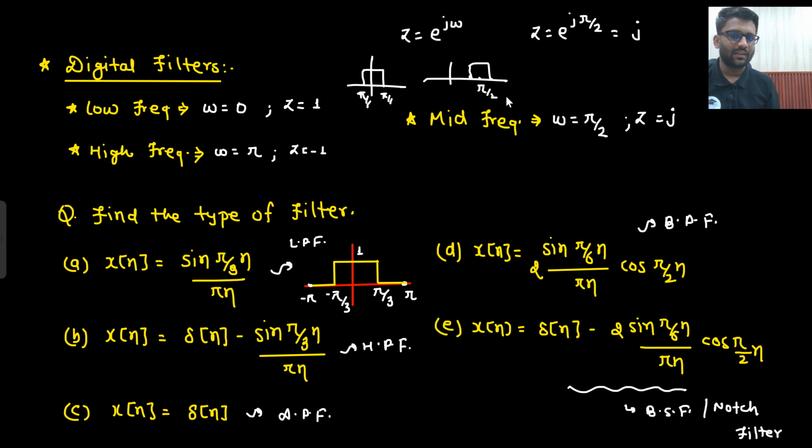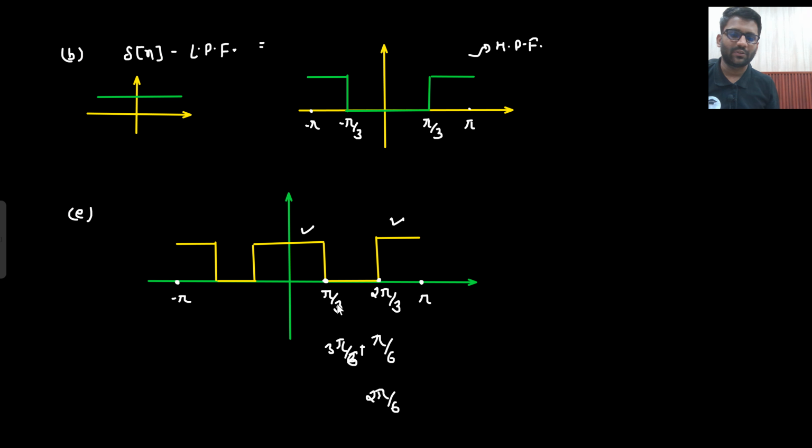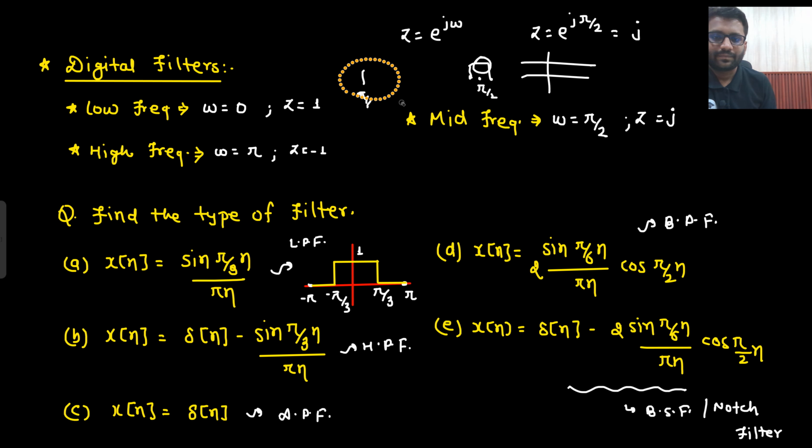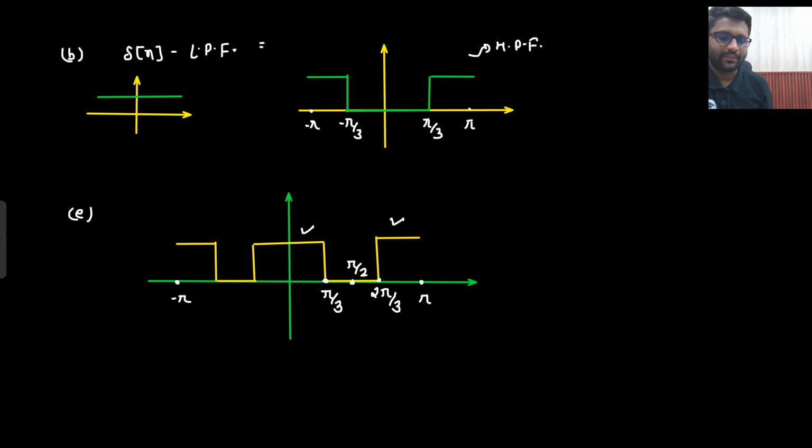What do you understand by that? When you subtract it from 1, this part will not be passed. So the part not being passed is from pi by 2 minus pi by 6 to pi by 2 plus pi by 6. The center is pi by 2 only. Well and good. And on the negative side as well, the same thing will be happening. Very simple concept.